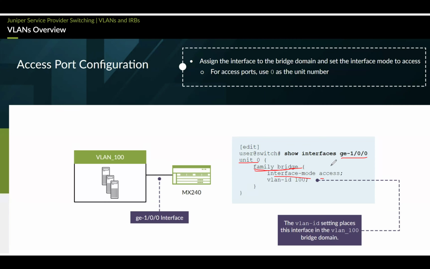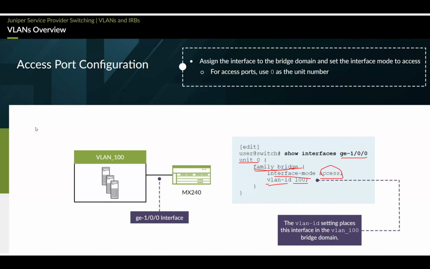Interface mode access. And in access mode, you can allow a single VLAN. So that's why I write here VLAN ID, then the VLAN ID value. So this is the sample configuration for an access port.